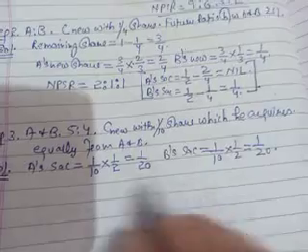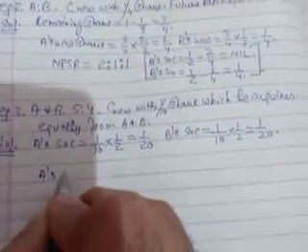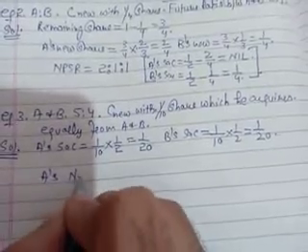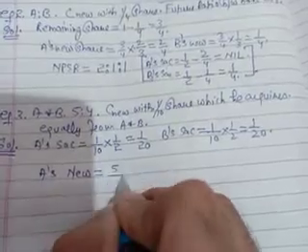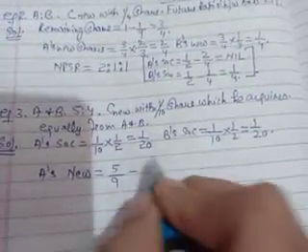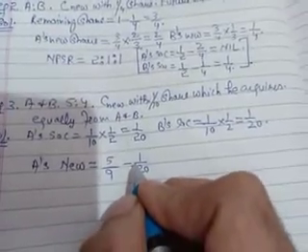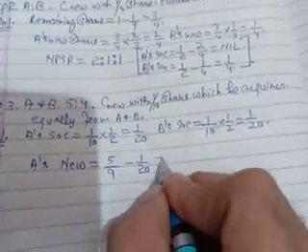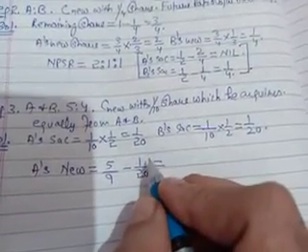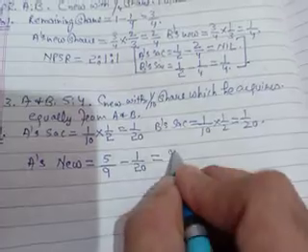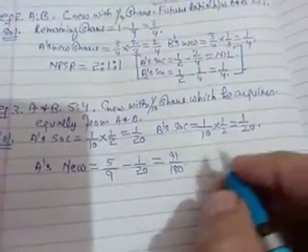Now let's calculate A's new share. Old share of A was 5/9 and A's sacrifice is 1/20. 5/9 minus 1/20 comes out to be 91 over 180.